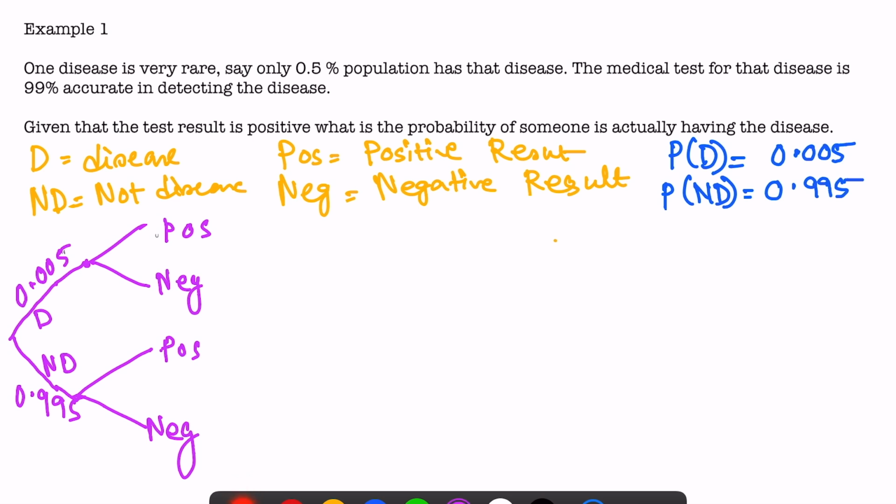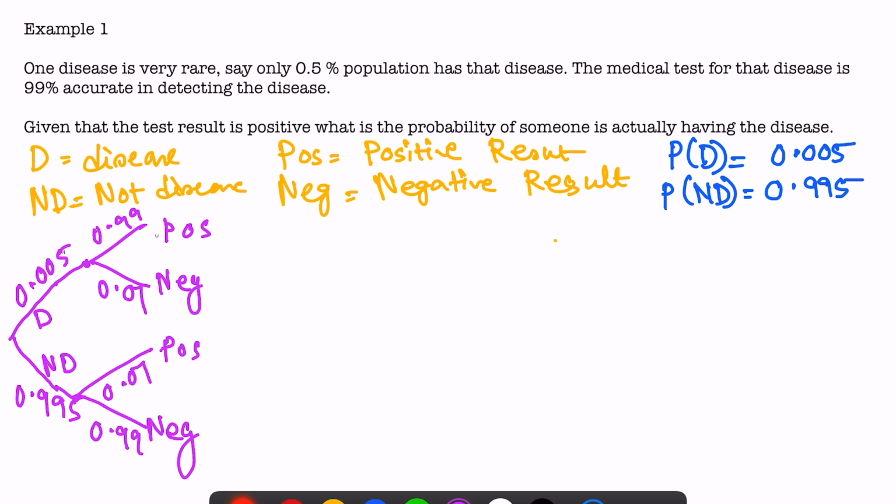So these two paths' probability will be 0.99, right? And these two are inaccurate paths. So this is the false negative path and this is the false positive path, and these two paths' probability will be 0.01.